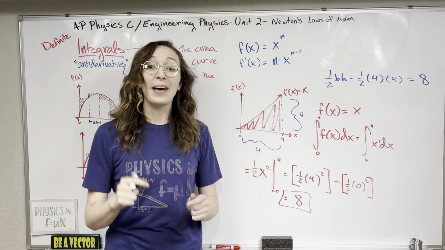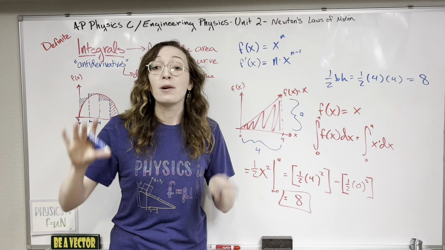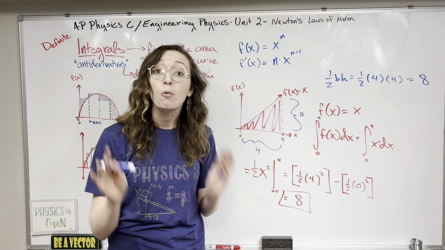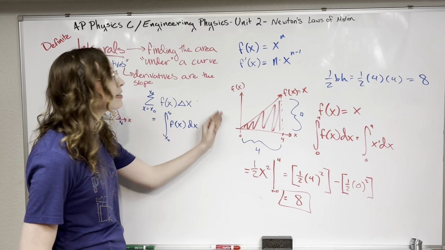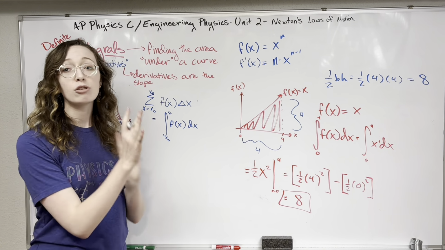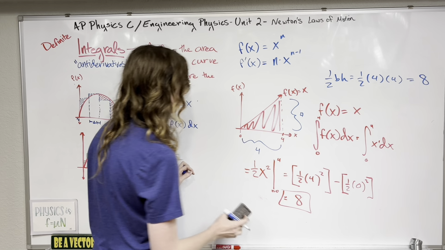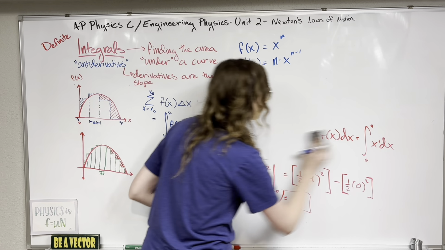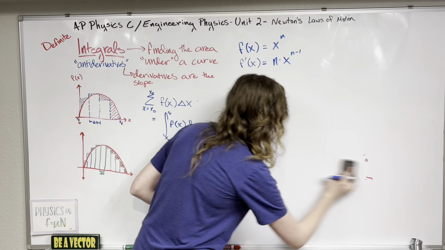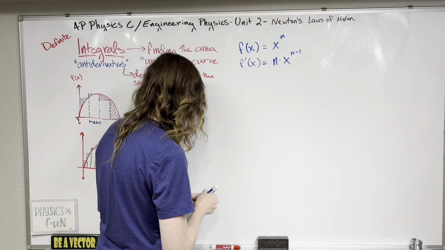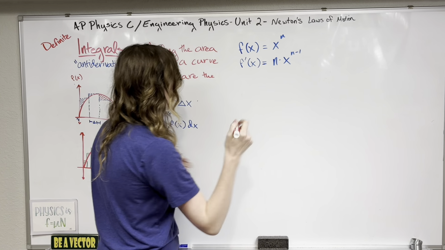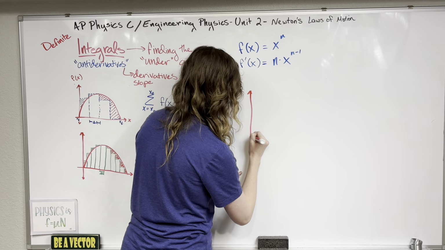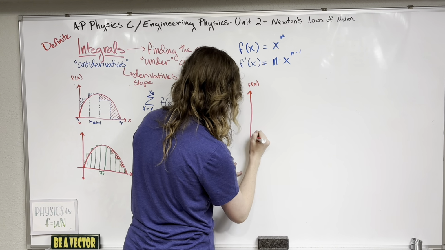Great. Okay, but let's do an example where that middle school math falls apart and wouldn't be able to help us. Let's say instead of a pretty little line that draws a nice triangle, we have something a little grosser. Something like, say, a quadratic. So let's say I had a function that looked something like this. Here's my f of x.